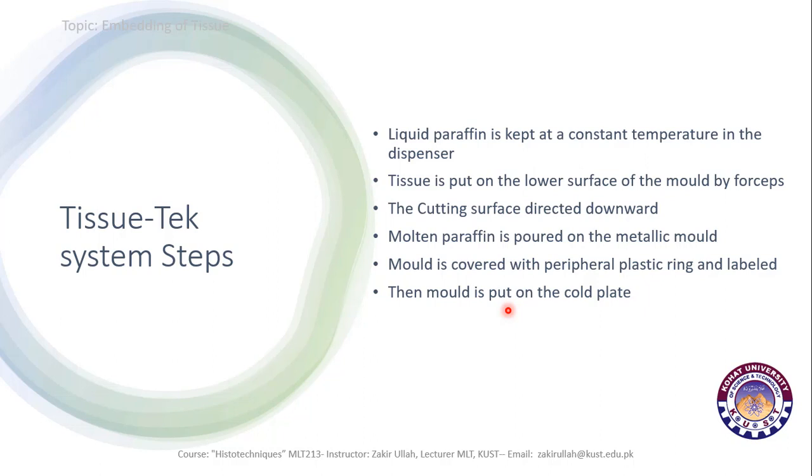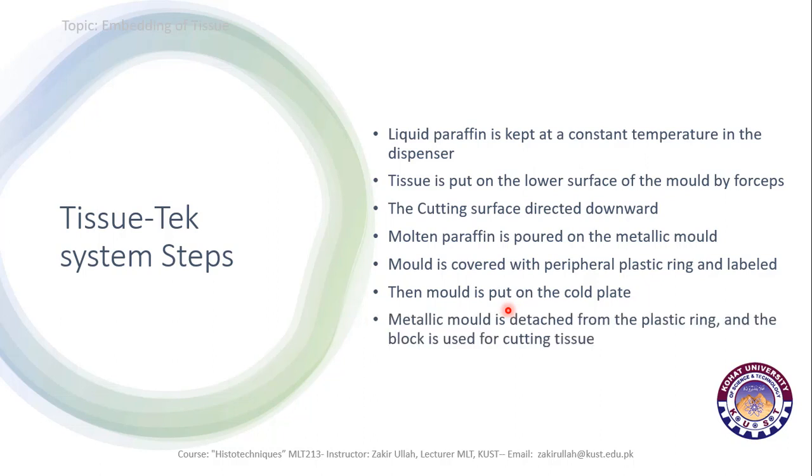Then the mold is put directly on the cold plate so that it gets solidified and the tissue is fixed and enclosed in that molten paraffin and embedded in that. When it gets solidified, the metallic mold is detached from the plastic ring and the block is used for the cutting of the tissue.